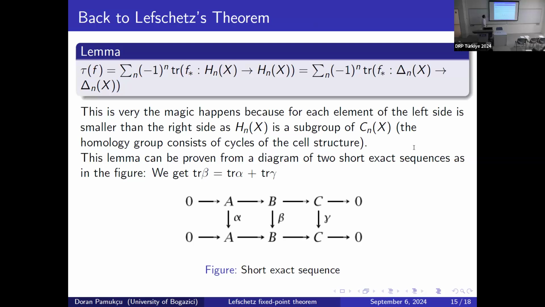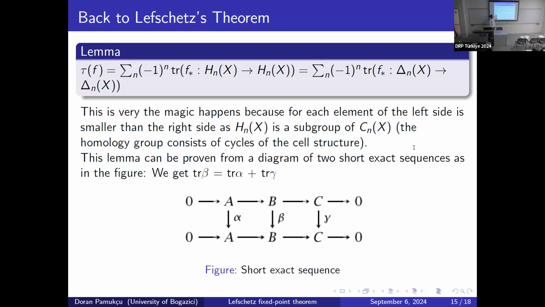Going back to the Lefschetz theorem, I'm going to give you a quick lemma again. It's a bit of a technical lemma, and this is where the magic happens, because these homology groups are actually smaller than the cell structure groups. As you saw from the definition of homology, it is kernel over image, and the kernel is a subgroup of the cell structure group.